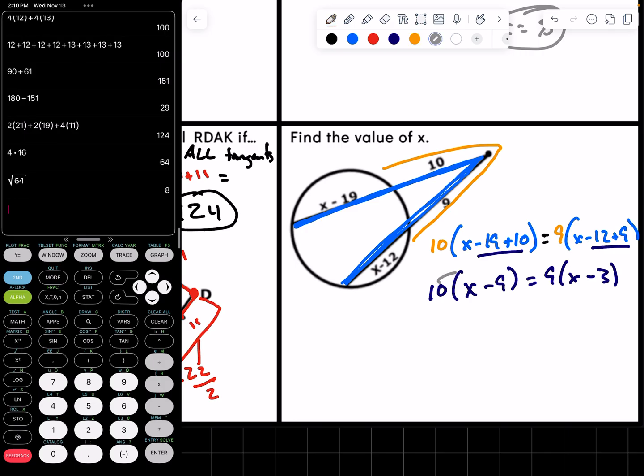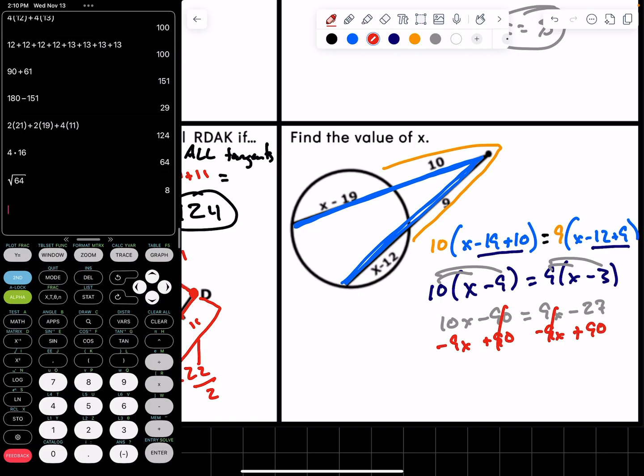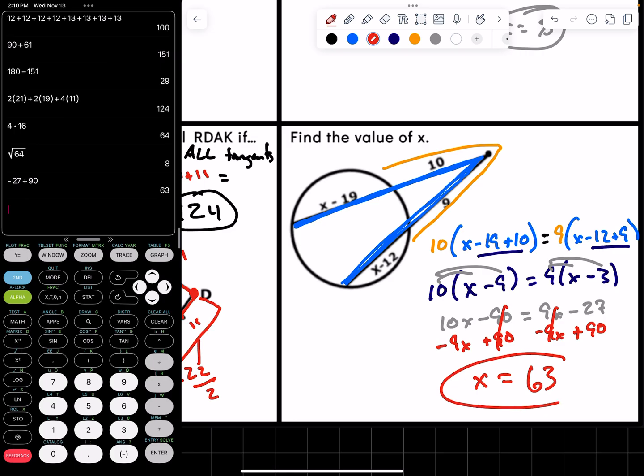Now I can go on ahead and distribute. 10x minus 90 equals 9x minus 27. I can get my x's on the same side. So 9x is my smallest x. I want to subtract that over, which means I need to add 90 to both sides. So I have x equaling negative 27 plus 90, 63.